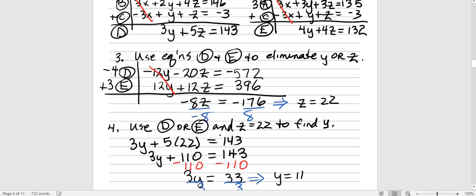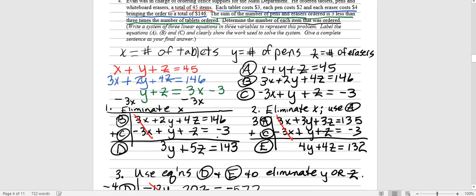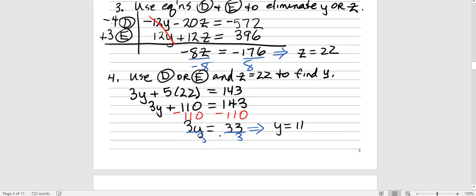And now I simply need to find my x. In that first equation, x plus y plus z equals 45 is going to be my easiest one to use. So that's equation A. So I'm going to use A, and I really could use B or C, with y equal 11 and z equal 22 to find x.